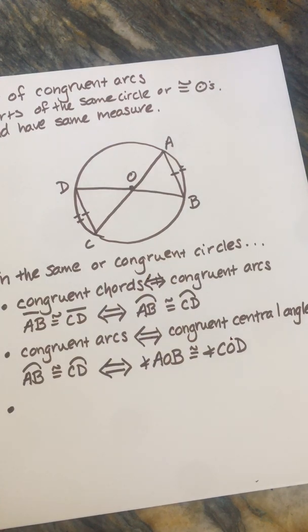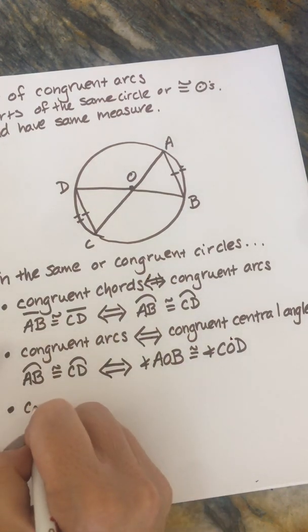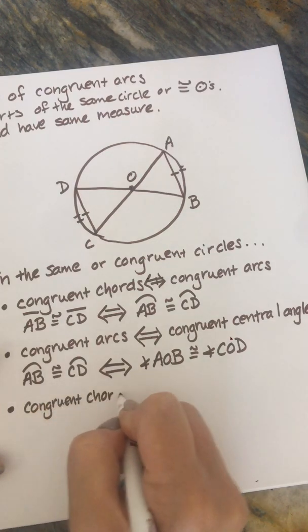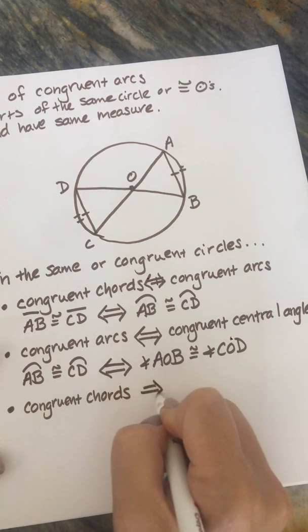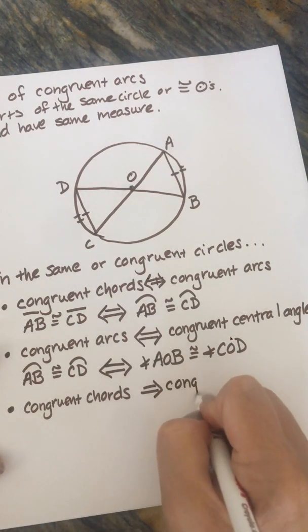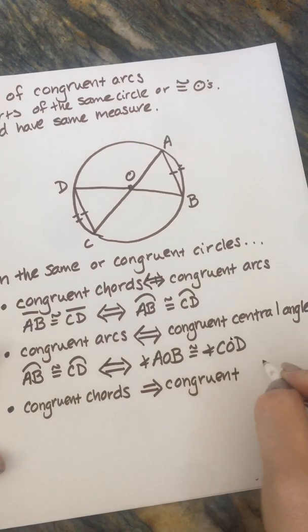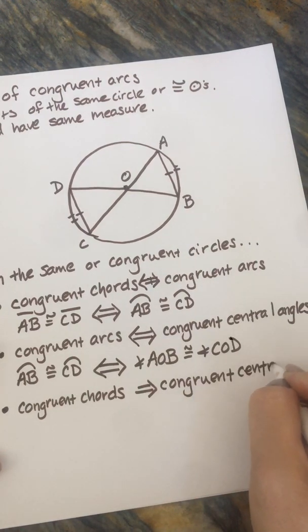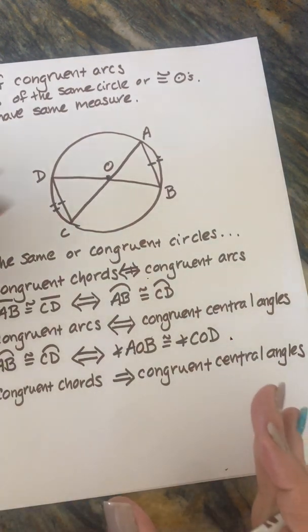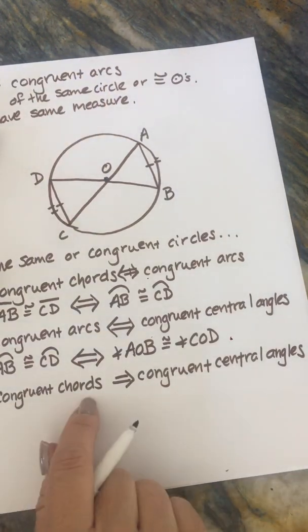So in this case, we have congruent chords. If we know that the chords are congruent, then we know that the central angles are congruent. All right, so getting specific now with our particular here, congruent chords.